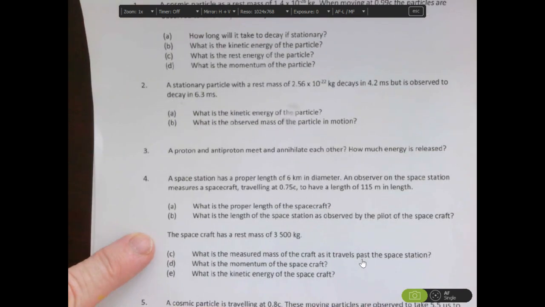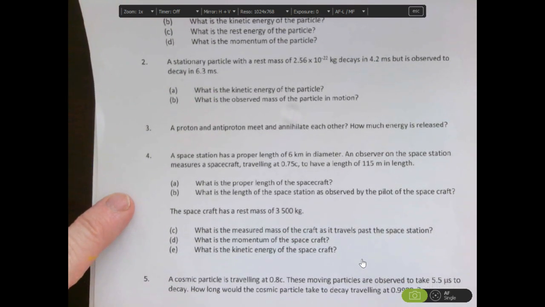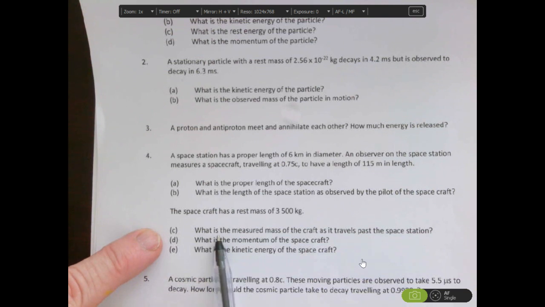Right, going to question C now. We're giving a bit more information. The spacecraft has a rest mass of 3,500 kilograms. We're going to now work out the measured mass of the craft as it moves past the space station.